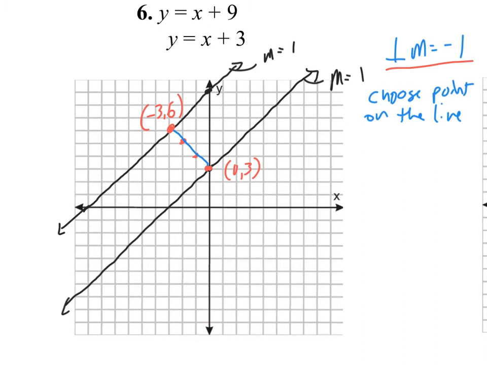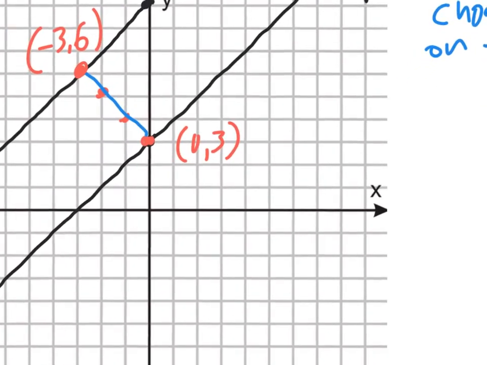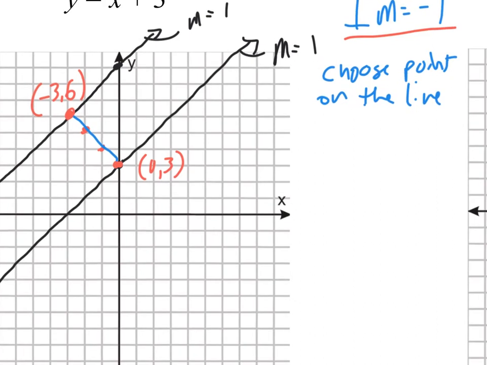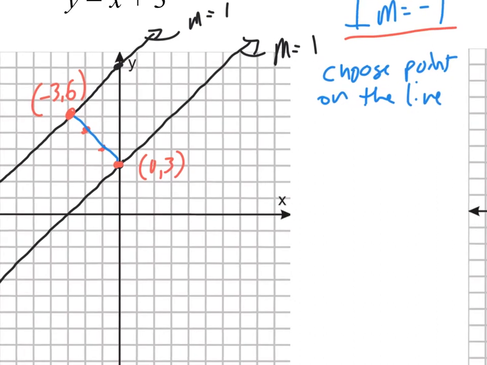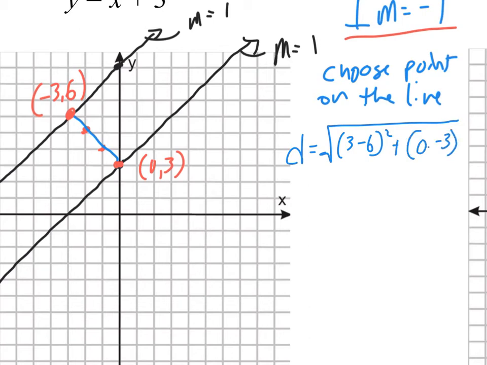Okay, and so now what I want to do is just calculate the distance between those 2 points. And so I'm going to write that my distance, d, is equal to the square root of (3 minus 6) squared plus (0 minus -3) squared.